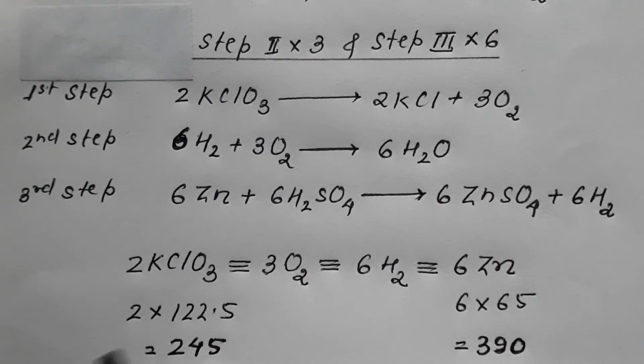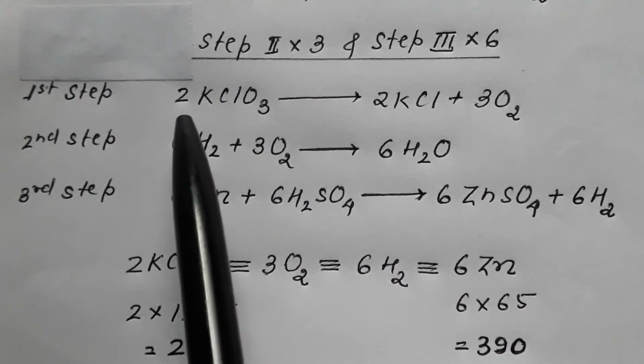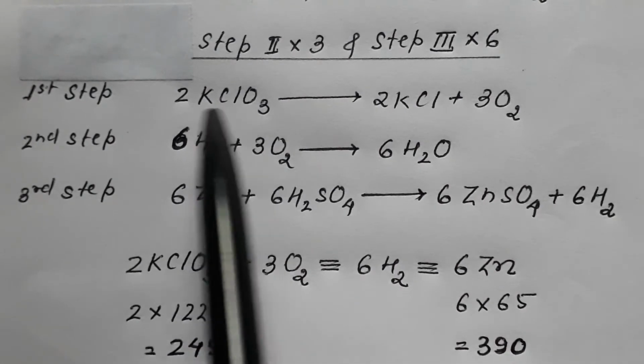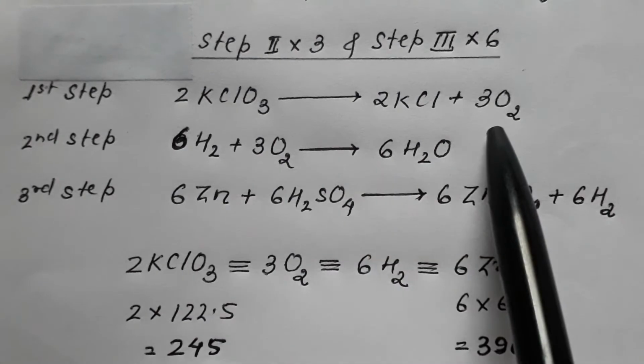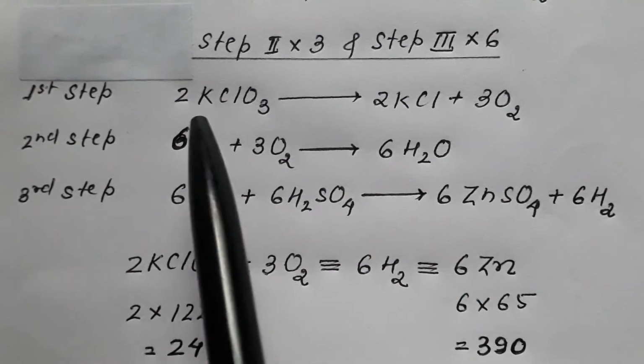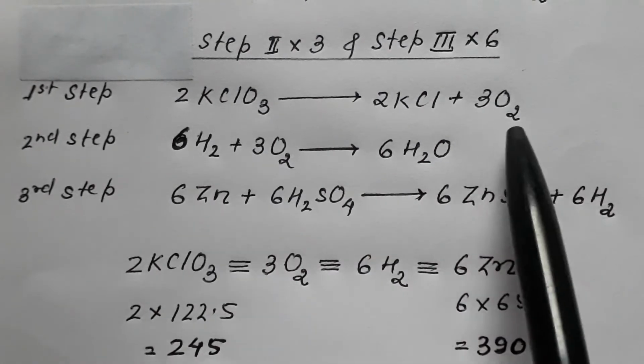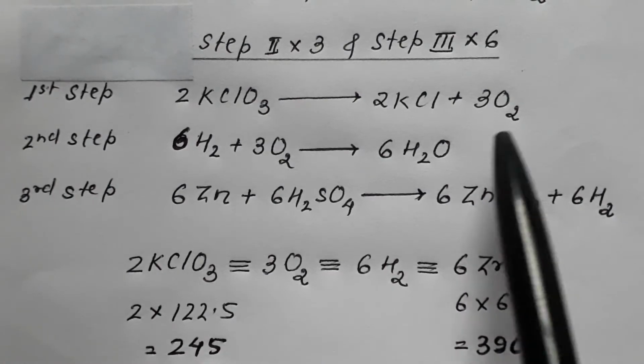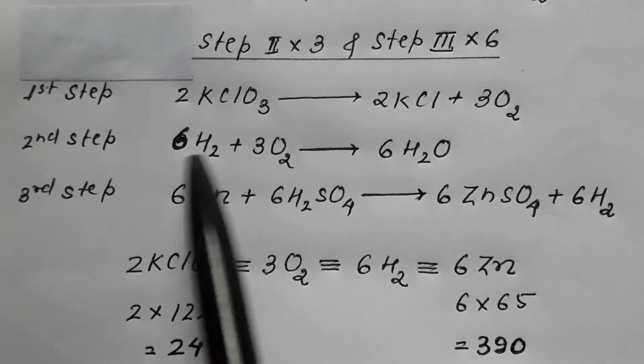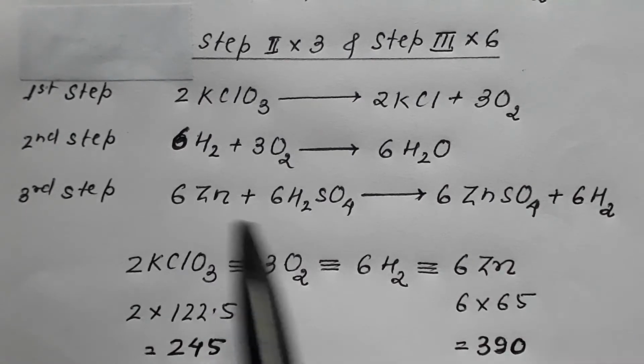This is the reaction I meant: 2 KClO3 is equivalent to 3 oxygen, 3 oxygen is equivalent to 6 hydrogen, and 6 hydrogen is equivalent to 6 zinc.